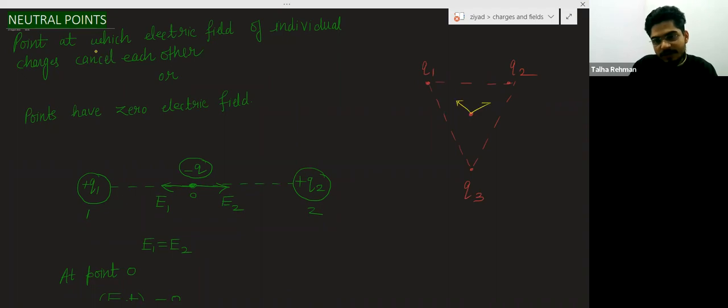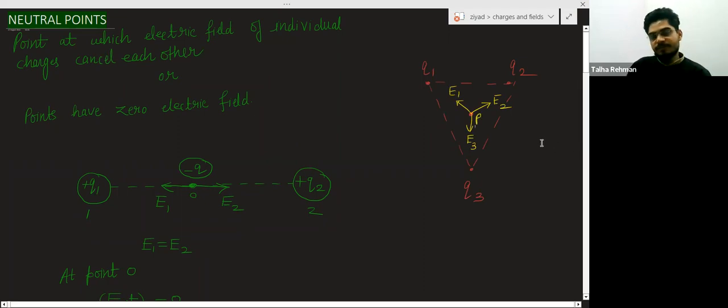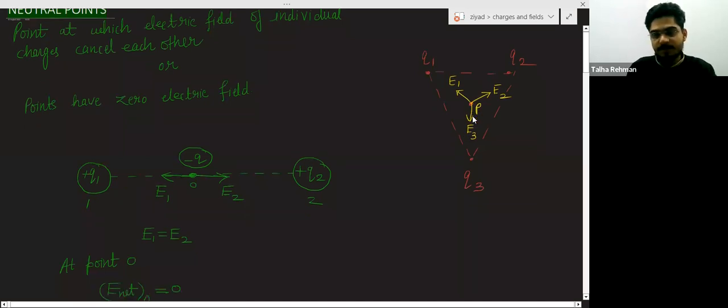E3, E2, E1: at this point P, the electric field due to Q1, Q2, Q3 is equal to 0, and this point is known as the neutral point.